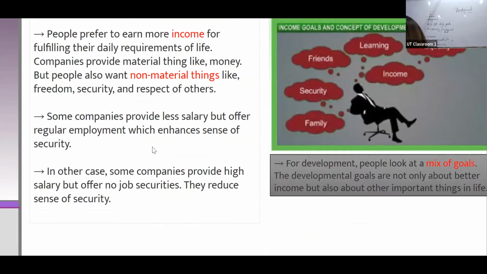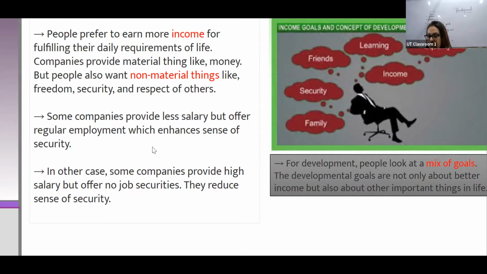What does this show? There's this man, he's thinking of so many things, income and so much more. So other than income, you need so many more things. It's not just money. You need family, security, you need friends, you need to learn, you need equality. And we did that example of the job.